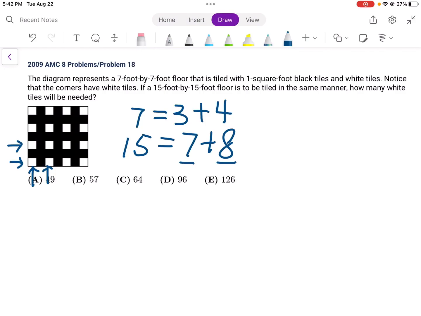Therefore, in each row we have 8 white tiles, and we will have 8 of such rows. So the total number should be 8 multiply 8 equals 64 white tiles. The answer is C.